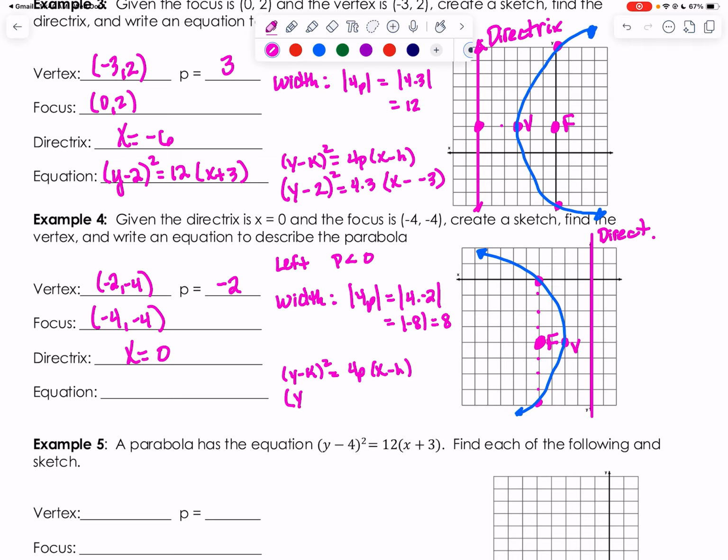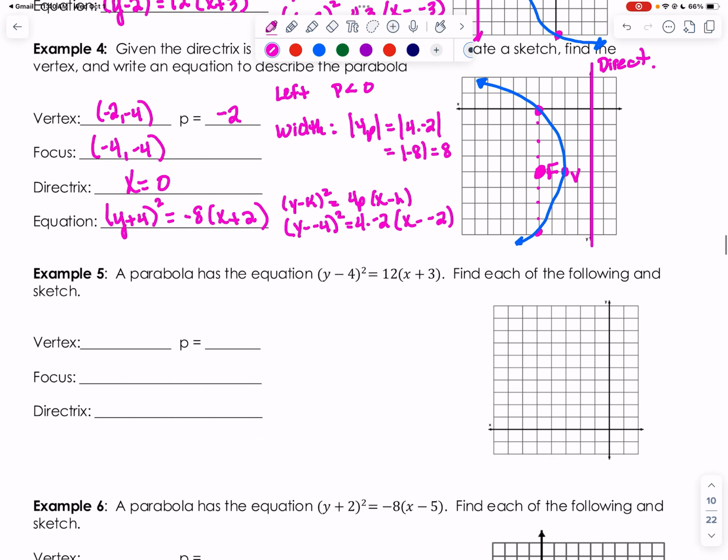This would be (y minus negative 4) squared equals 4 times p, which is negative 2, times (x minus h, which is negative 2). Now simplify that a little bit. (y plus 4) squared equals negative 8 times (x plus 2). So there's the equation for the blue parabola that opens to the left.